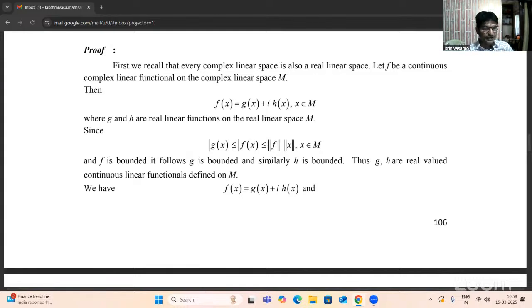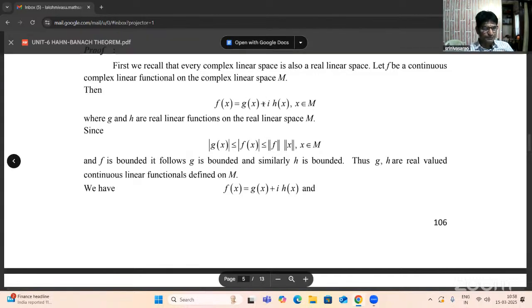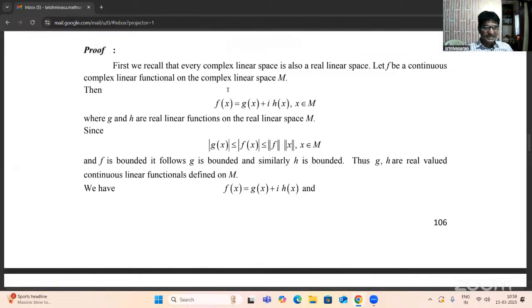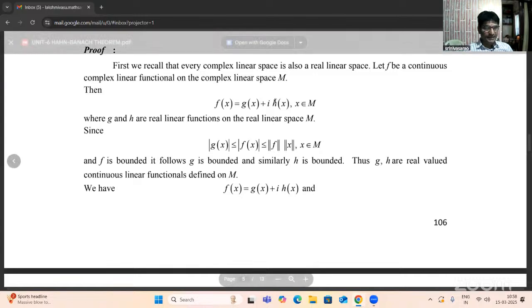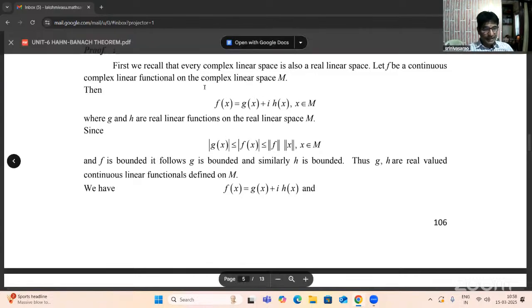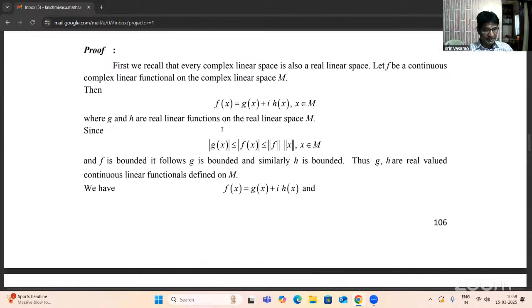The function is bounded, given according to the complex form of the linear functional f of x equals g of x plus i into h of x. So this is the complex form a plus ib or x plus iy, whatever it is. Now we are taking the absolute value of g of x.